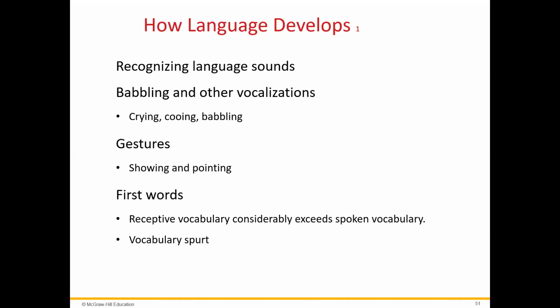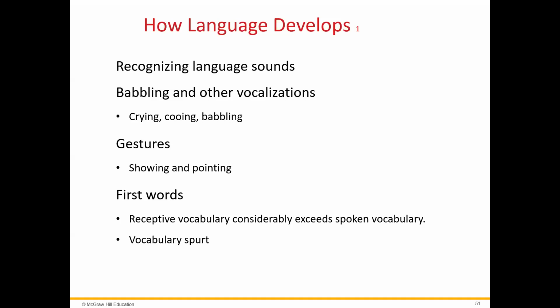So in a half year, it goes from about 50 words up to about a 200 word vocabulary. It often happens very rapidly, which is why they call it a spurt. It's not gradual, slow and steady. It's like all of a sudden, in 1 month, it'll seem like this baby is talking way more than they used to, or this toddler.